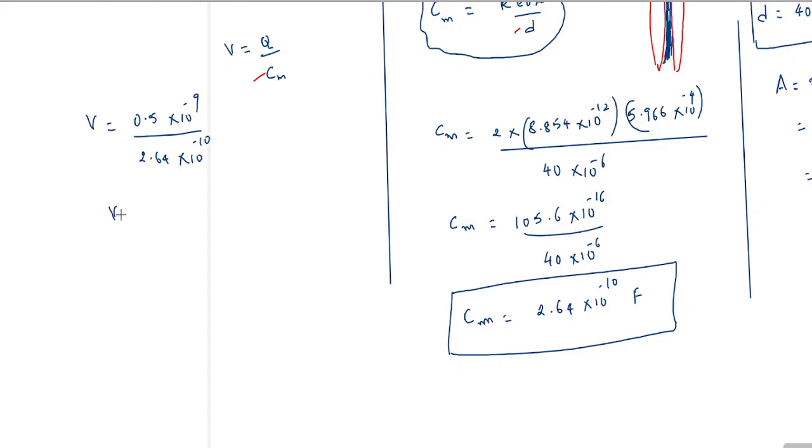Solve this, we get V is equal to 0.189, that is 0.5 by 2.64 is 0.189 into 10 power minus 9 plus 10. So this goes on top, and finally V is equal to 1.89 volt. Again, write with units. If a student misses this, marks will be cut for this also. So write with units.